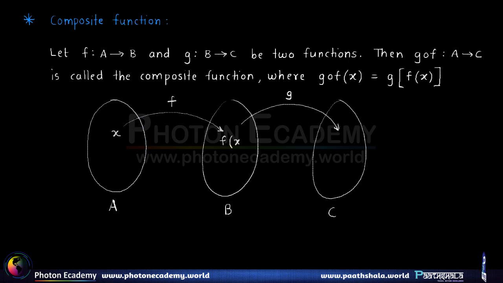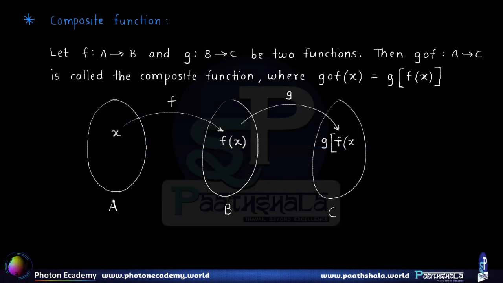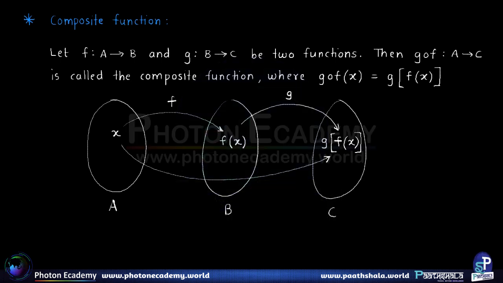Now when that image goes in as an input to the second function g, what we get at the end is g of f of x. It's clear from the terminology of image and pre-image. So from x to the last value, g of f of x, this particular function from A to C is the composite function of f and g.